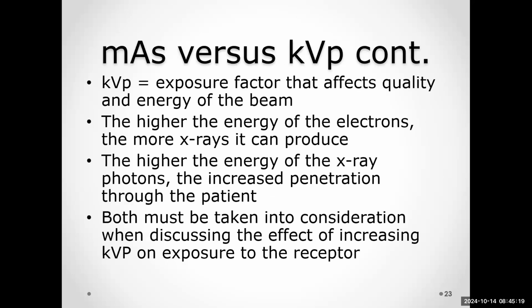What that statement is saying is in the X-ray tube itself, when the kVp is higher and those electrons are going from the cathode over to the anode and they have a greater energy, they are going to have a greater impact at the target than the lower energy photons would.